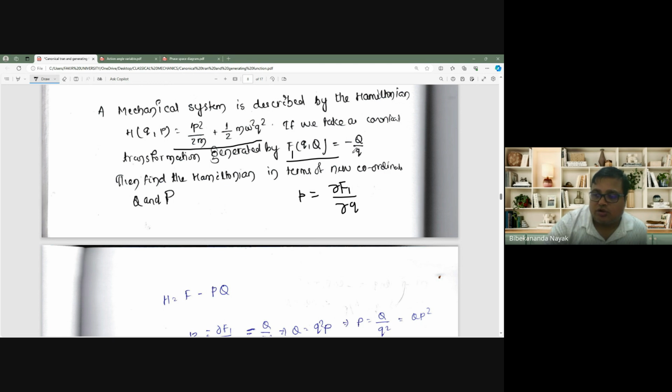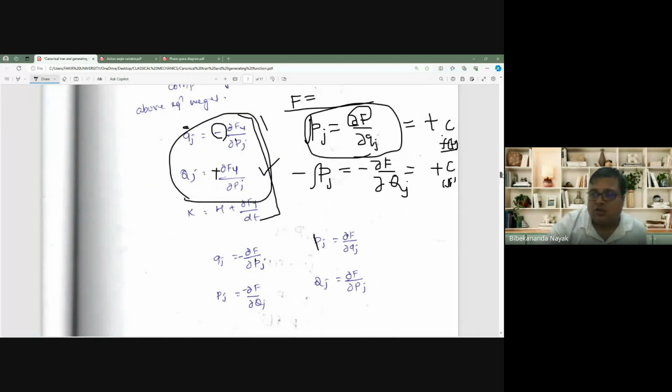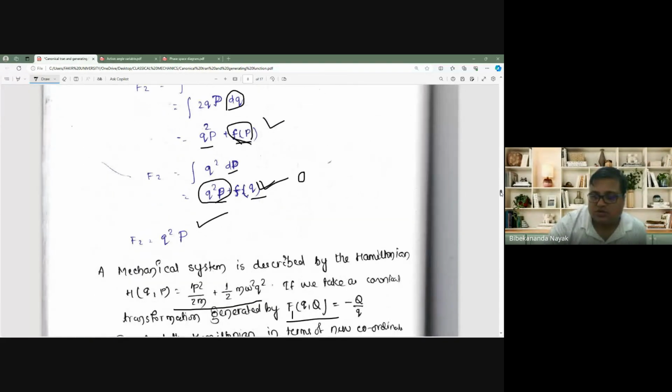Here there is only one component, no q1, q2, qn, only q. And similarly, capital P according to the formula is equal to minus del f1 by del capital Q.